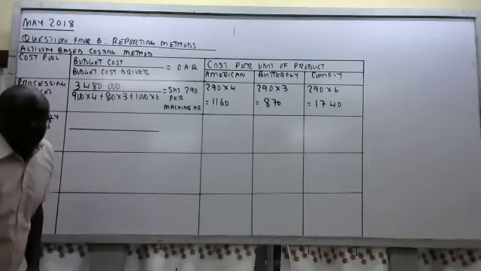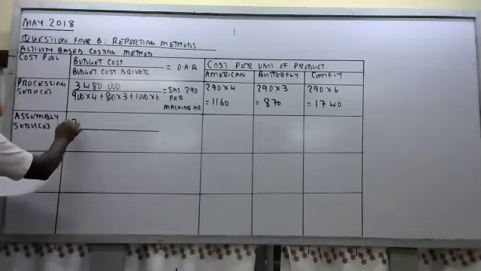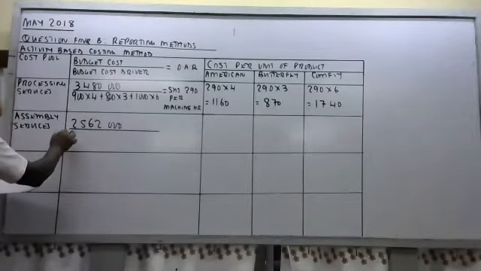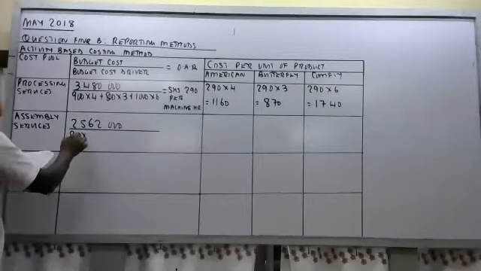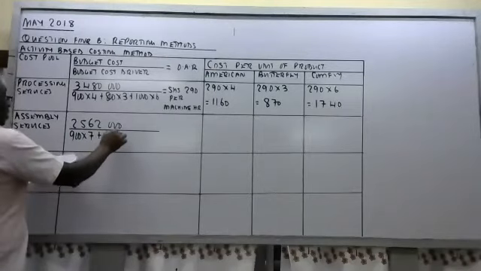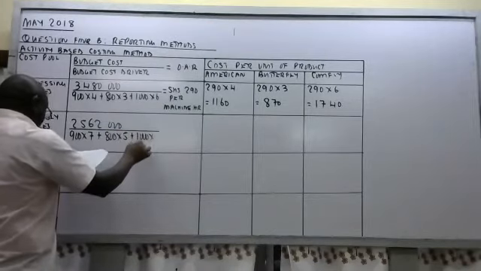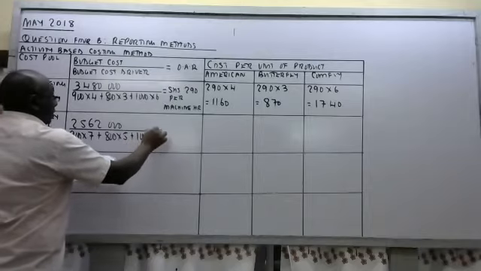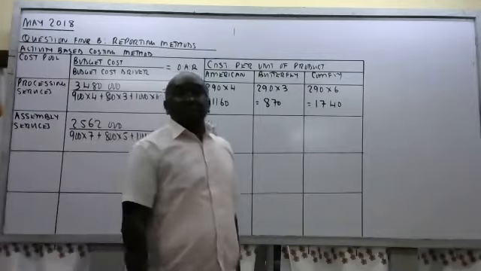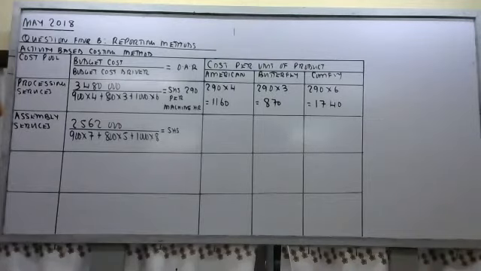You take the amount for assembly services as 2,562,000, and the labor hours are 900 times 7 plus 800 times 5 plus 1,000 times 8. So tell me it is shillings what? Give me that answer.